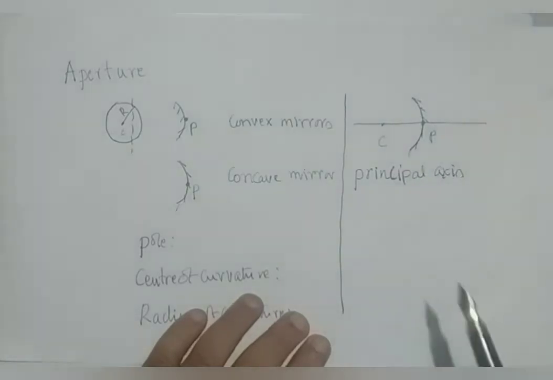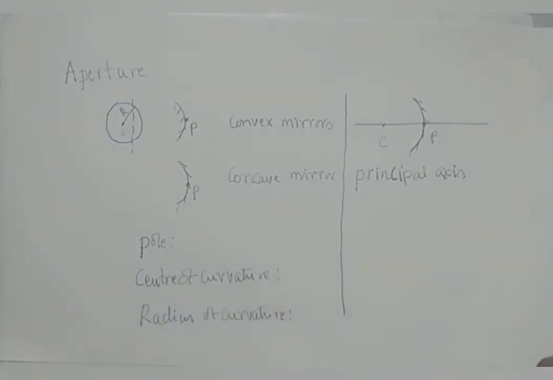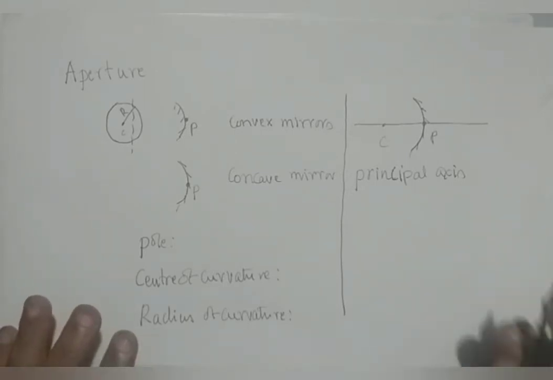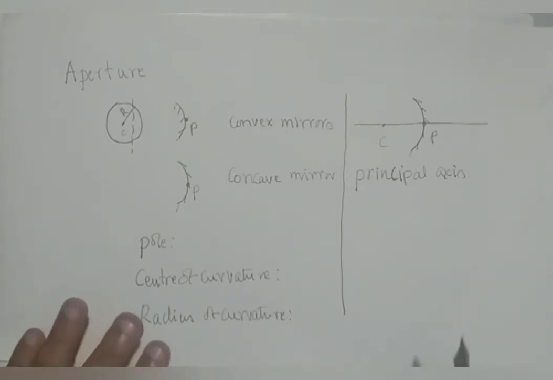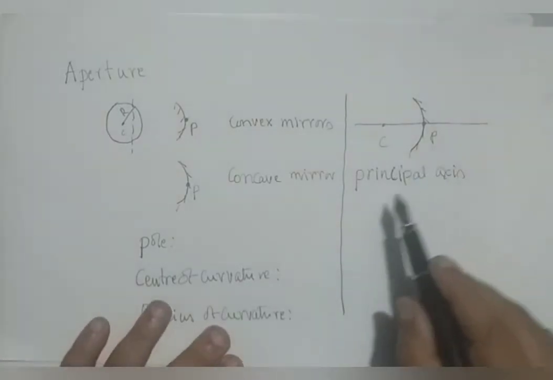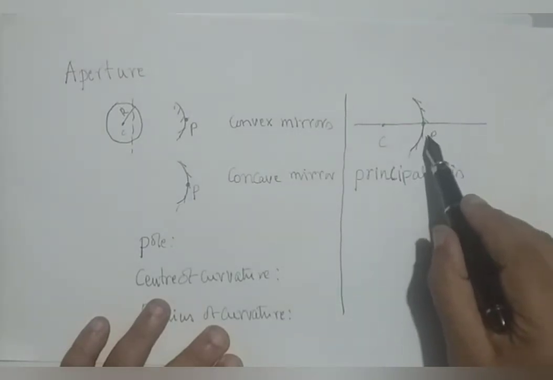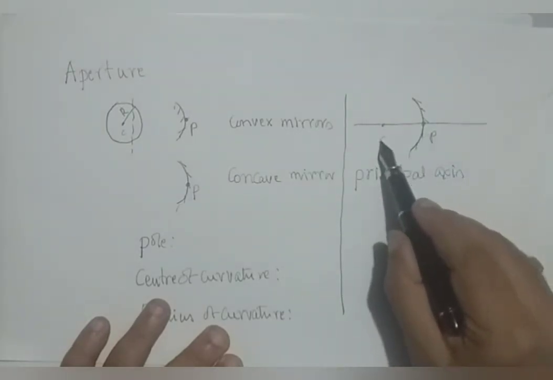Observe the spelling. Principal, it means important. In a way it is important because we measure many things using this as the reference. That's why we call it principal. So, the principal axis is the line passing through the pole and center of curvature.